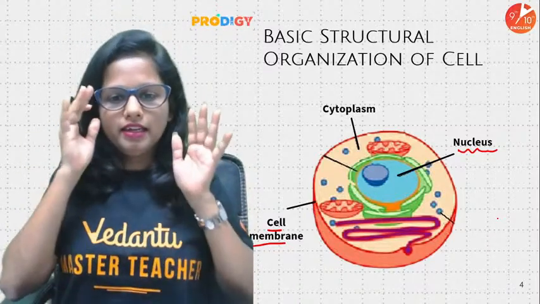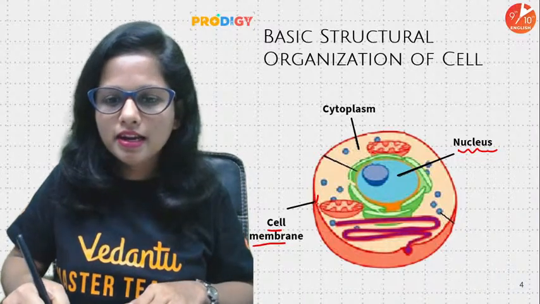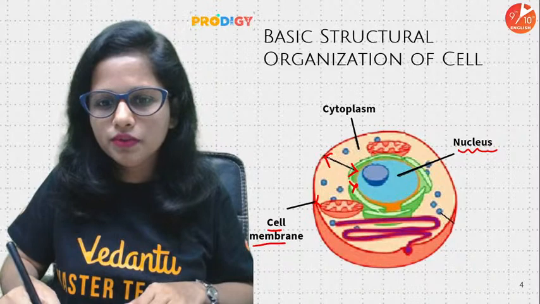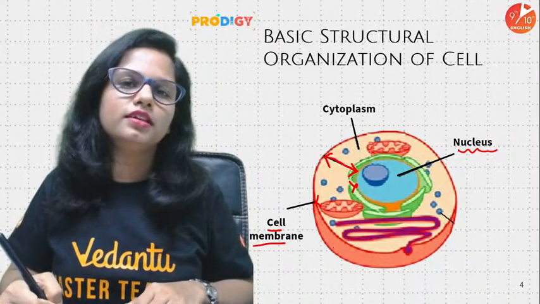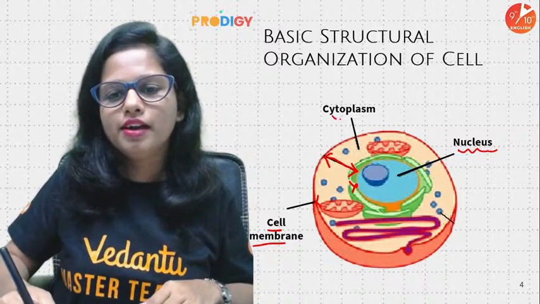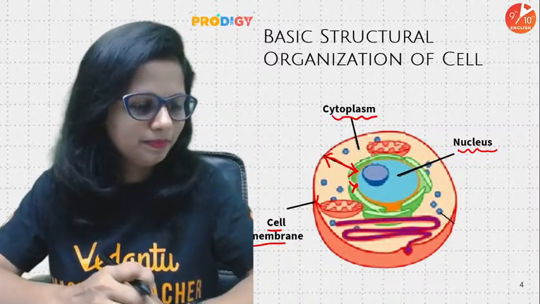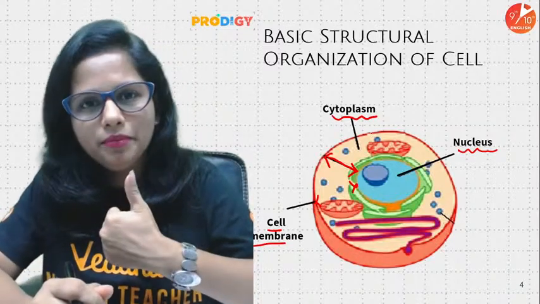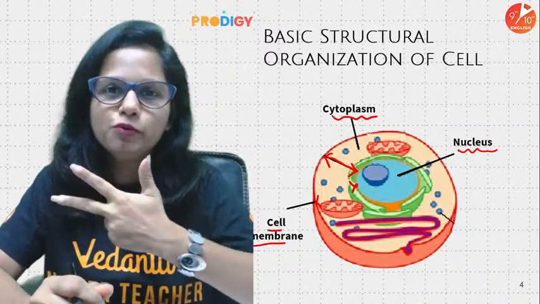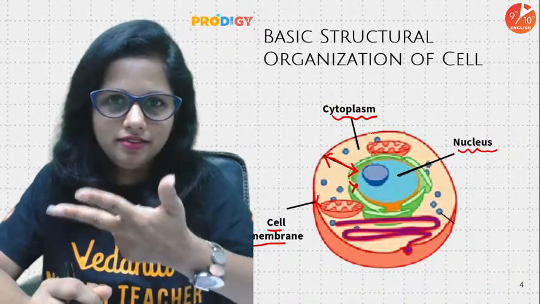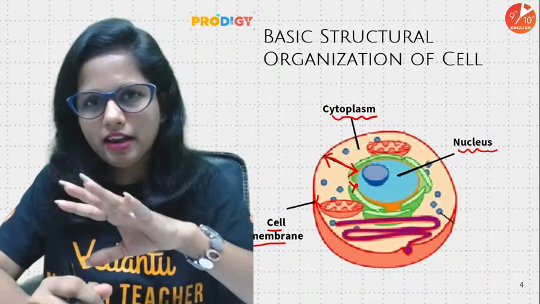And in between the cell membrane and the nucleus, there lies a jelly-like fluid, which is called the cytoplasm. Am I correct, people? So, cell membrane, nucleus, and cytoplasm. These are the three basic components present in every cell, whether it's a plant cell or an animal cell.